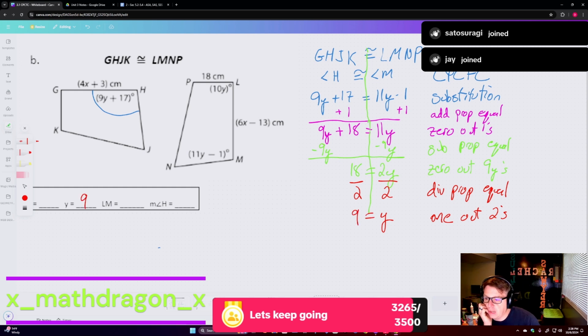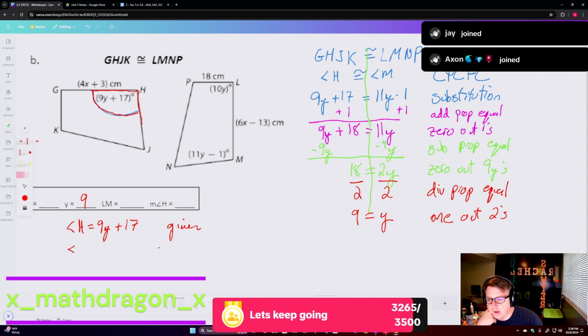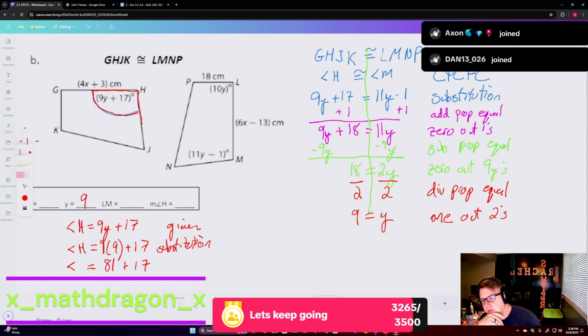So y equals 9. Then once again, we'll say angle H is equal to 9y plus 17. That's given because the picture tells us that's what angle H is. Then angle H equals 9 times 9 plus 17. So that's just substitution because we're plugging in what y actually is. And 81 plus 17.